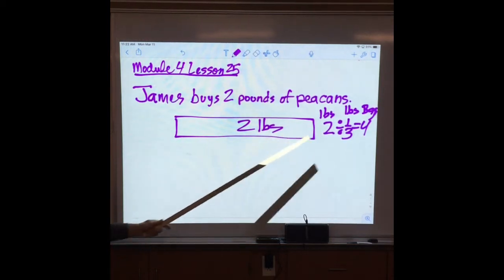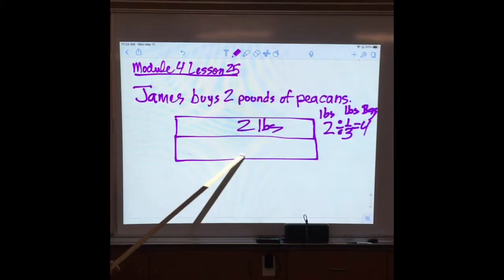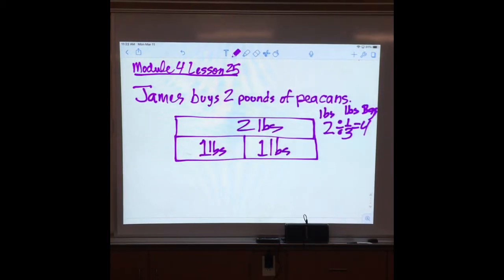Let's change this. I have 2 pounds. I'm going to put them in third of a bag. In thirds, right? Well, I could divide this in half, right? This stands for 1 pound bags, right? Then I could take my 1 pound bags and I'm going to turn them into how many pieces in each bag.